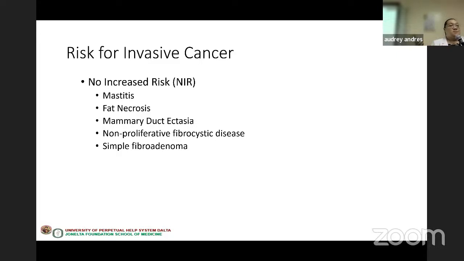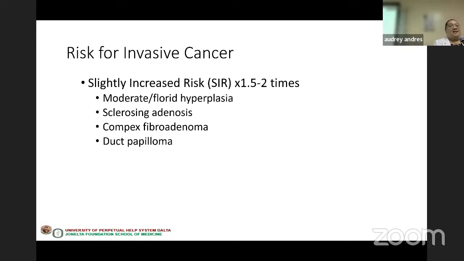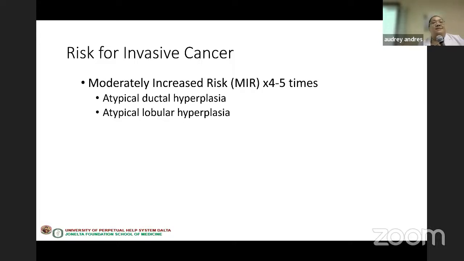No increased risk. Slightly increased risk would be moderate or florid hyperplasia, sclerosing adenosis, complex fibroadenoma, and duct papilloma. Of course, as the name implies, atypical ductal or atypical lobular hyperplasia carry moderately increased risk for invasive cancer.